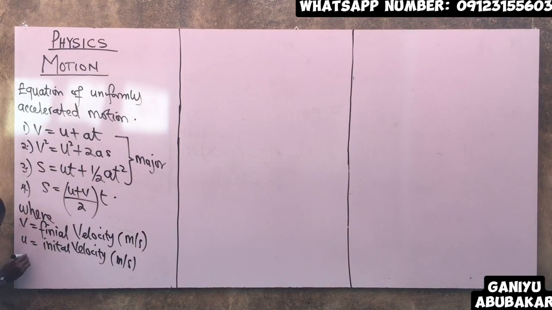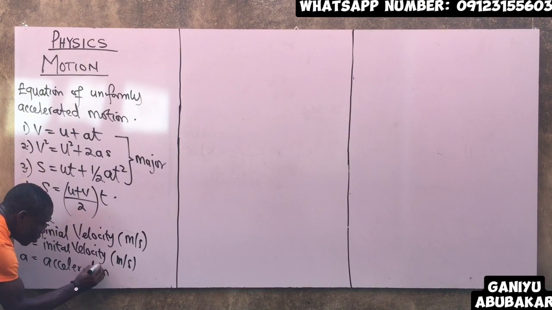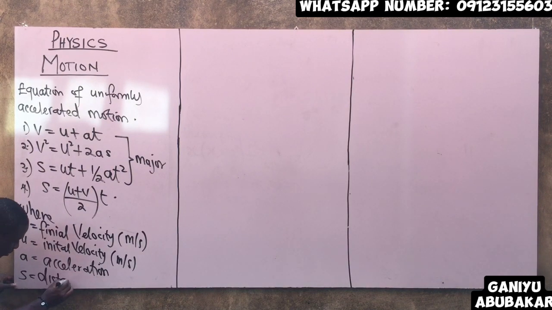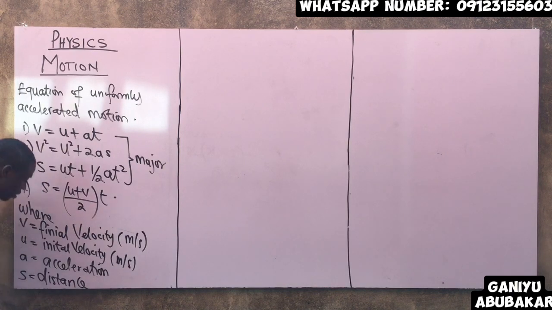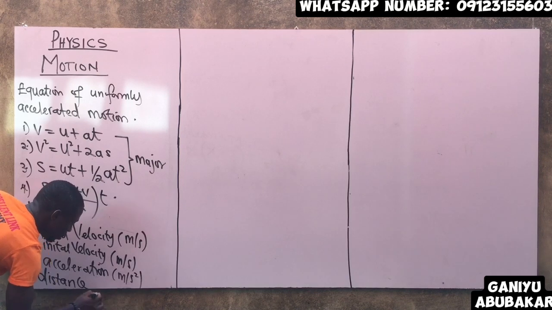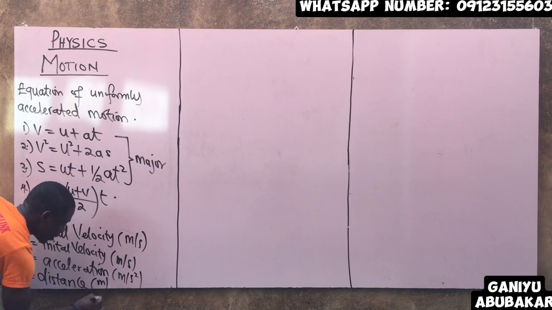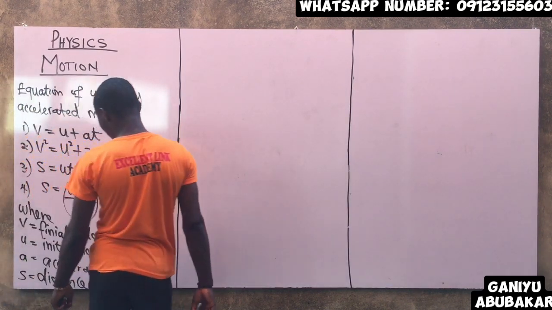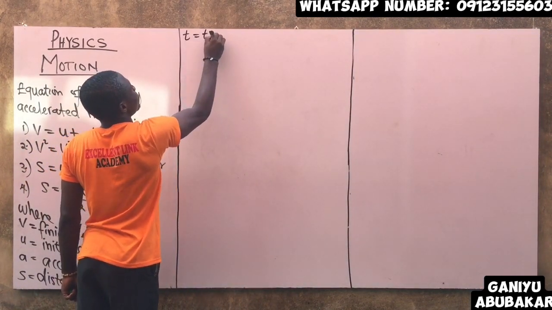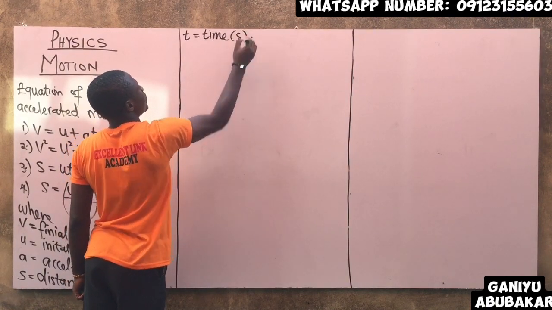I have a as acceleration, in meters per second squared. x there is said to be distance or perhaps displacement, in meters. And t is time in seconds, right?